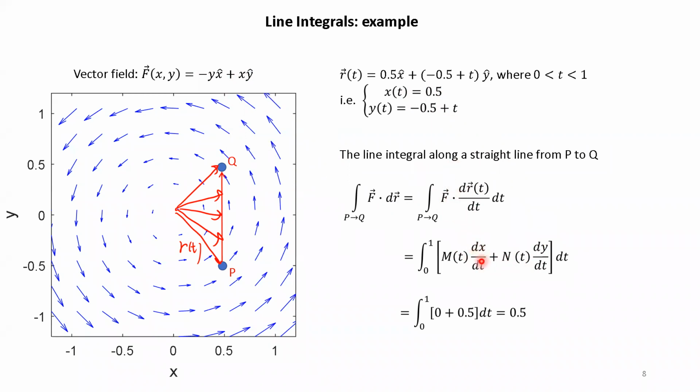And then dx/dt, of course, is just 0, and this dy/dt given here is 1. So at the end, you'll find the answer here.